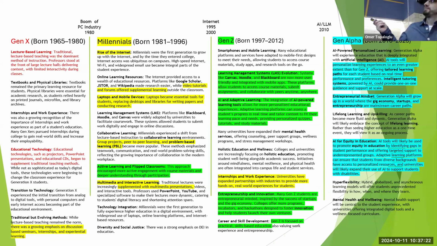But for millennials, they had the internet, so there were lots of opportunities for them, and they used laptops more interactively in their education. Also, these personal computers converted education from an instructor-based setup to an active learning setup, which means students became more active in learning.